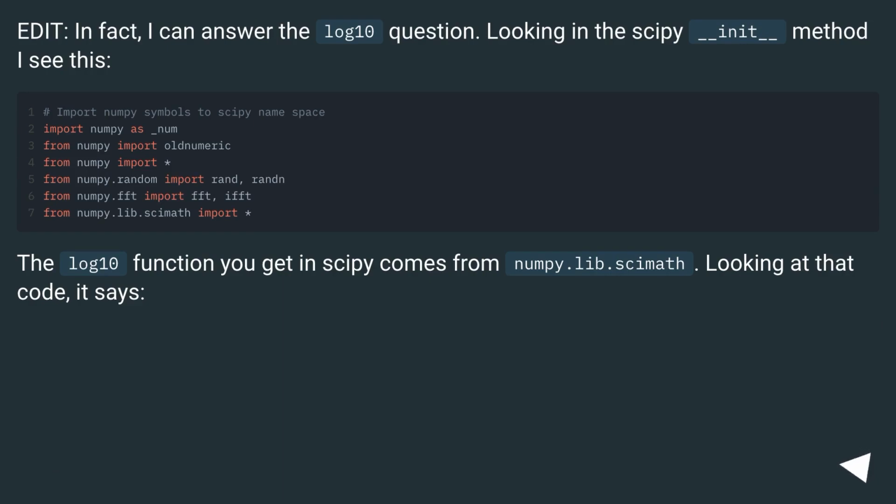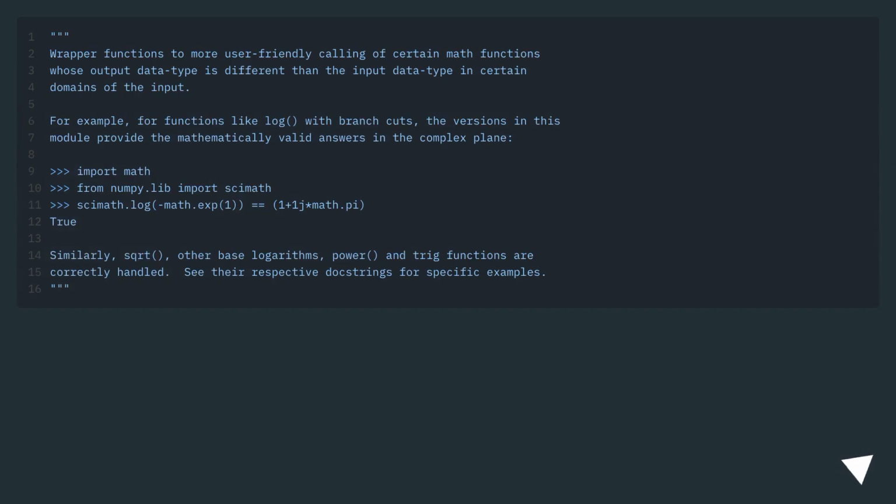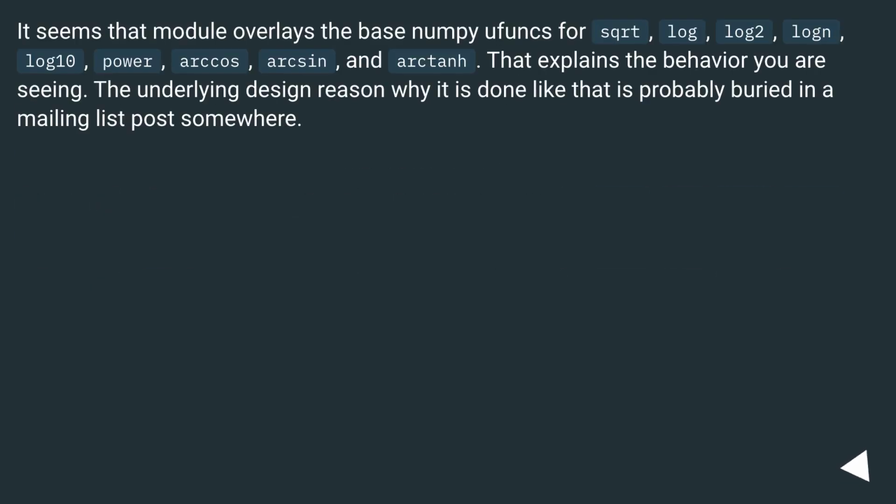Looking at that code, it says, it seems that module overlays the base NumPy ufuncs for sqrt, log, log2, ln, log10, power, arccos, arcsin, and arctanh. That explains the behavior you are seeing. The underlying design reason why it is done like that is probably buried in a mailing list post somewhere.